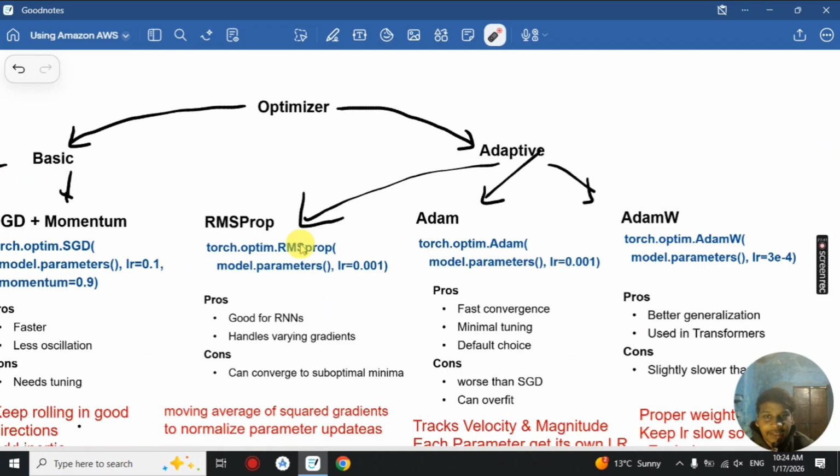Then we have our RMS propagation. Here it is defined in the same way with torch.optim, but here the RMS propagation is passed our model parameters and our learning rate, okay. Here the learning rate should be small, okay. In our RMS propagation, we use a moving average of squared gradients to normalize parameter updates, okay.